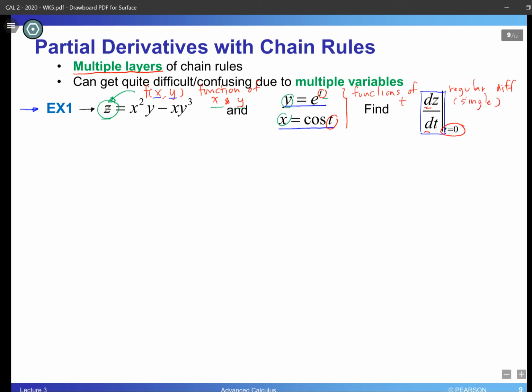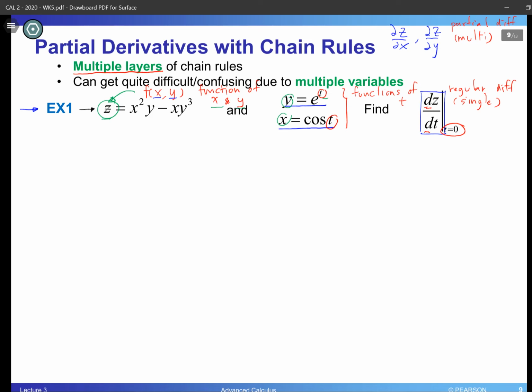Alright, and this is different from the ones that we just worked on. dz by dx, in the previous video we have this dz by dx, dz by dy. These are partial derivatives. So make a note right here that these are partial diff, and we use them for multivariable functions. Okay, so what you see right here, dz by dt, is a little bit different from the partial ones.